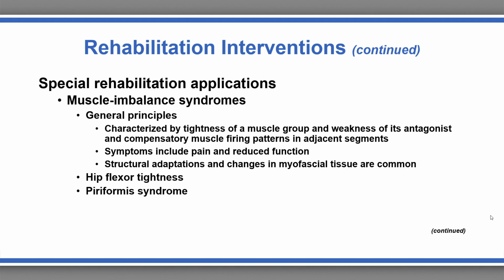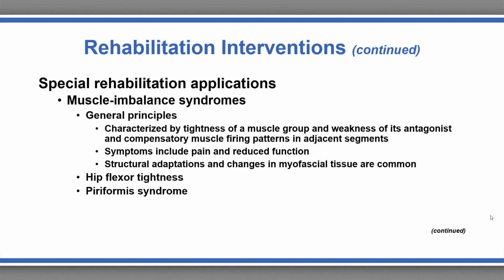So I'm going to give a couple of examples. The first one is hip flexor tightness, and then we will move on to piriformis syndrome. Now, hip flexor tightness tends to be common in patients who exhibit excessive lumbar lordosis.